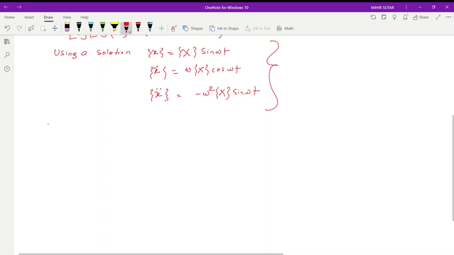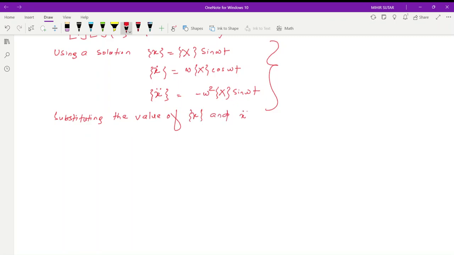Now ये जो solution है, इस solution को हम इस equation 1 में substitute करेंगे. Now we can write substituting the value of x and x double dot in equation 1 we have minus omega square into X into matrix A into matrix M plus X is equal to 0, okay.